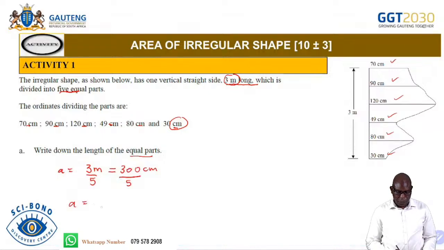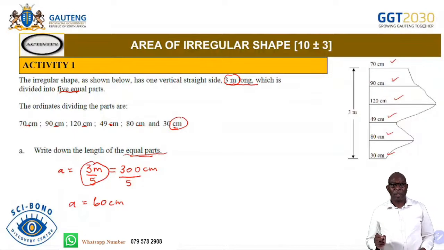So my A will be 60 centimeters. They did not tell me anything about the units, so I can have 3 over 5, or 300 over 5, which is 60 centimeters. Because I see the centimeters, I want to work with centimeters. Okay.